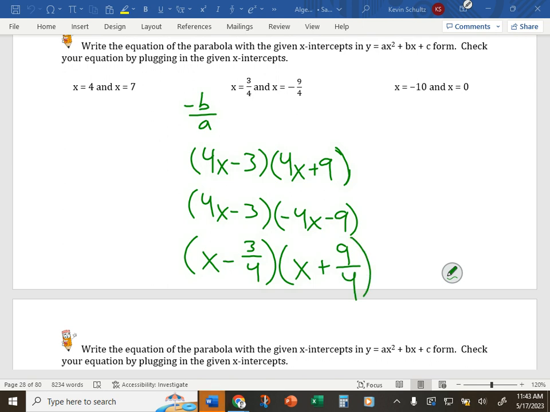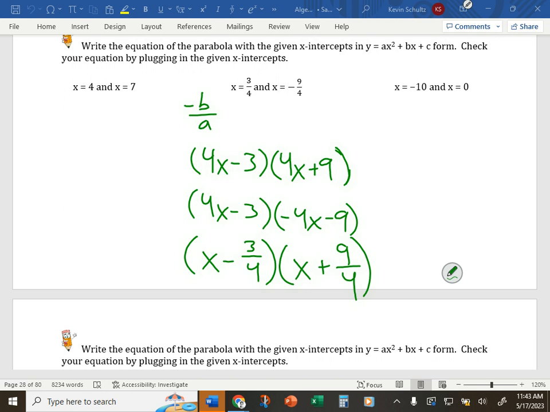Why that works is because 3/4 minus 3/4 equals 0, and negative 9/4 plus 9/4 equals 0. Now the downside of this is FOIL, or box, becomes a little bit more of an issue because of the operations with fractions, but it does work. You will get the same quadratic equation or an equivalent quadratic equation as a result.